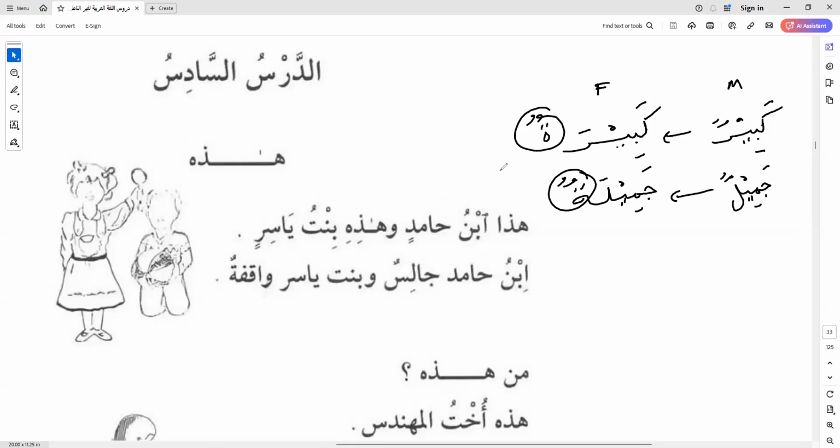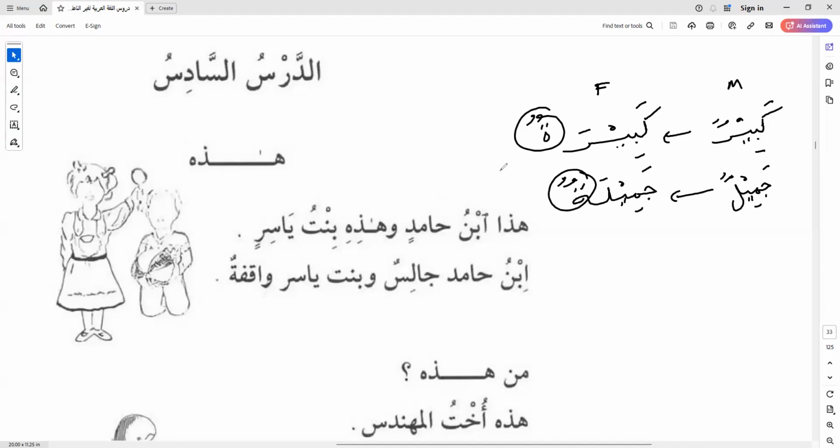And most of the time, you cannot find the feminine adjective in Lughat al-Arabiyya. Very few of them, they mention them, especially when they are unique, then they will tell you. But if it is just by adding the taw marbuta, you're not going to find it in the dictionary.